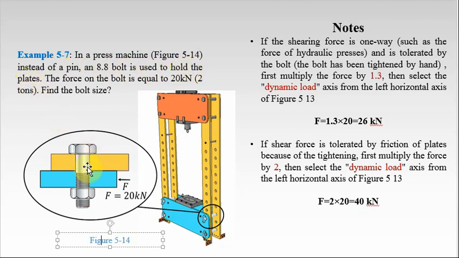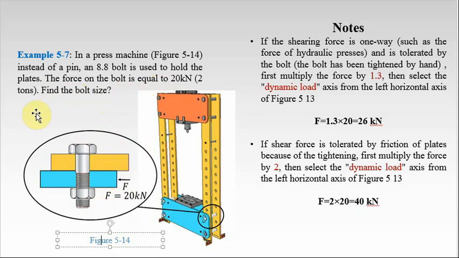We used a bolt to hold the two plates for assembly of this press machine. The force on the bolt is equal to 20 kilonewtons. Find the bolt size.